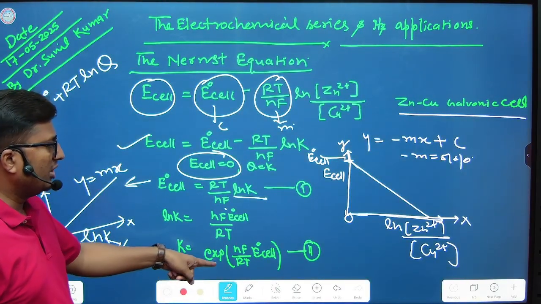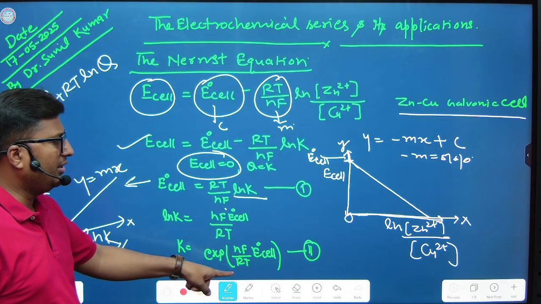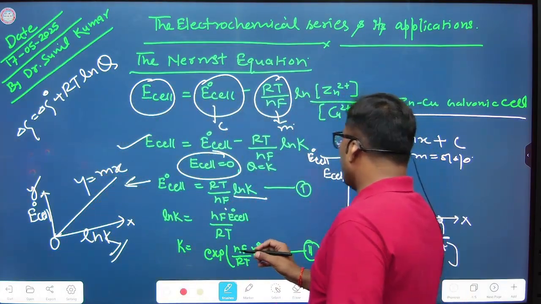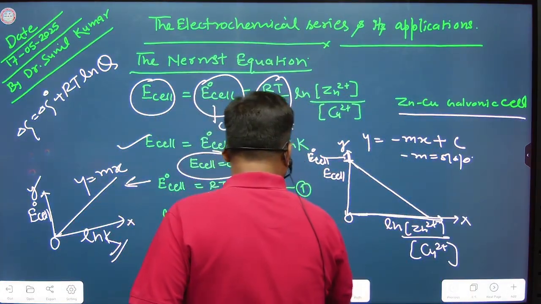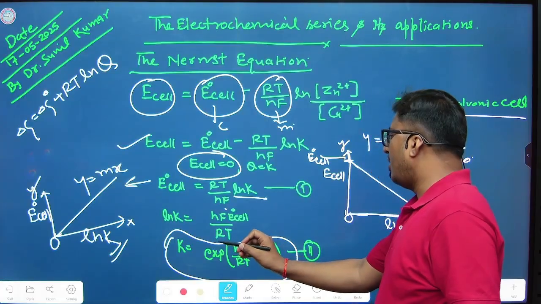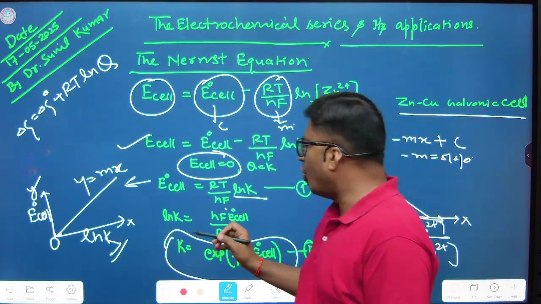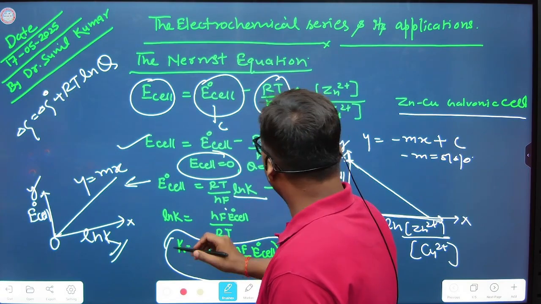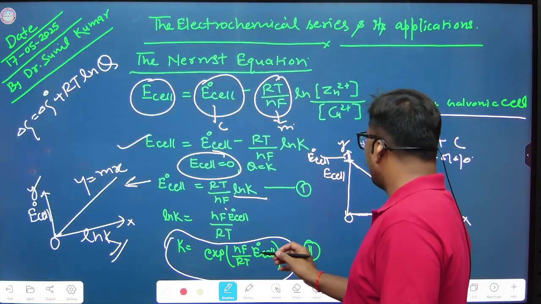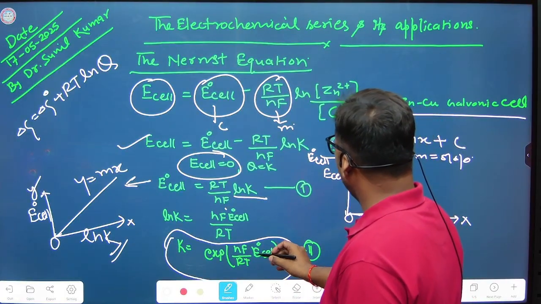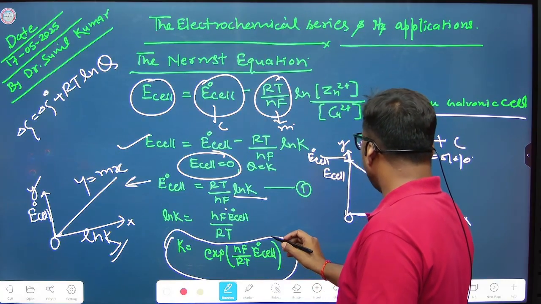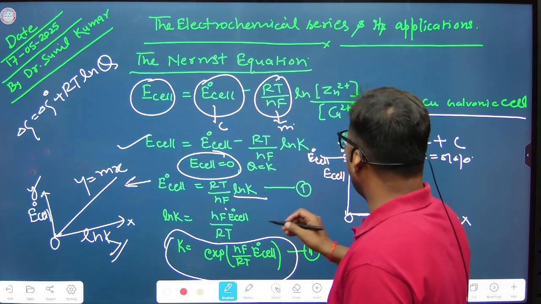K is equal to exponential of nF upon RT times E naught cell. So this is an exponential equation, right? Here the variation parameter is on the y-axis. This is the equilibrium constant K, and nF upon RT you can consider as the slope, and the variation parameter is E, the standard cell potential.